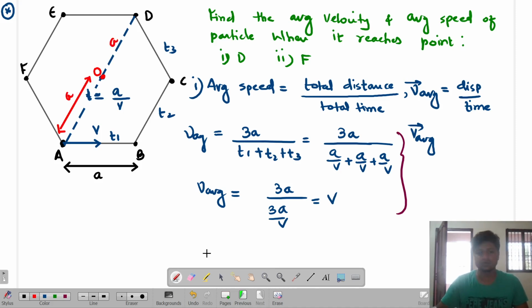So the displacement from A to D is twice a, divided by time, which is still the same, t1 plus t2 plus t3, that is 3a by v. So a cancels and it is 2v by 3.